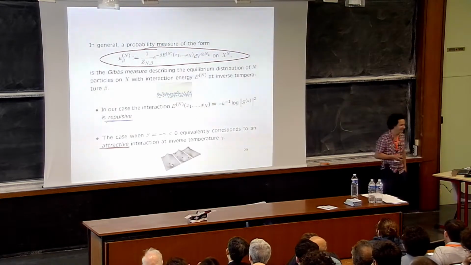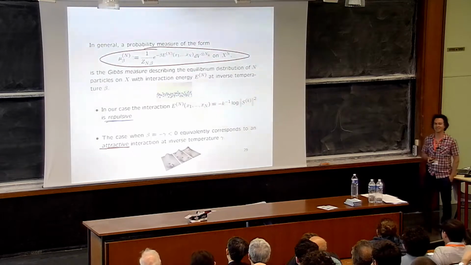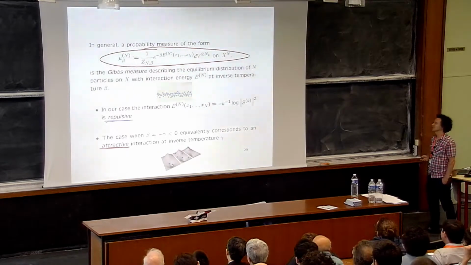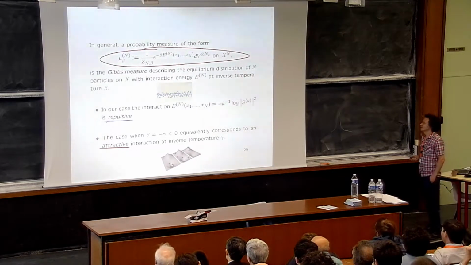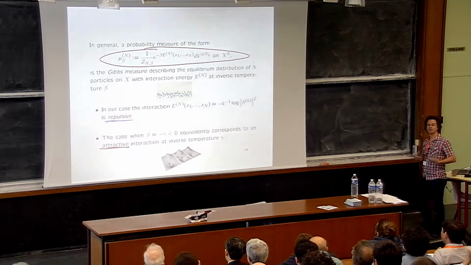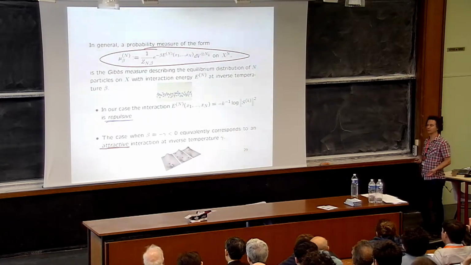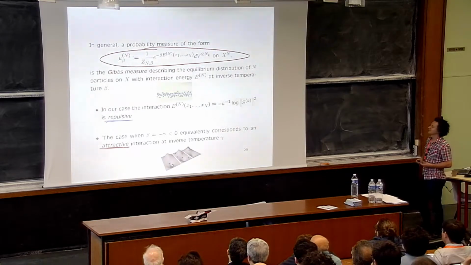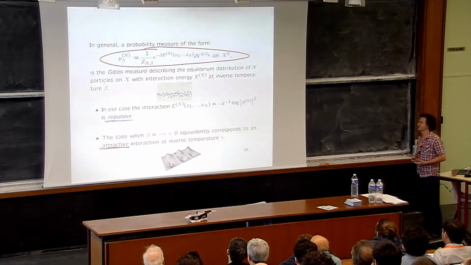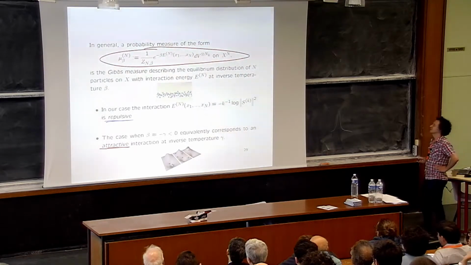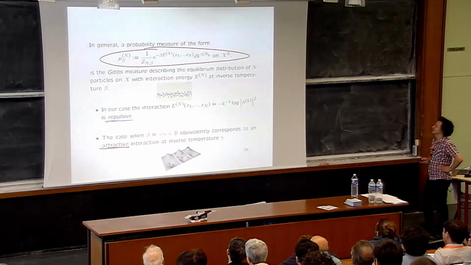I think Valentino asked for the meaning of it. It's the same beta, and this is why it appears as an inverse temperature. In our case, this interaction is really a virtual energy. For the moment it has no physical meaning. It's just some virtual physical theory, but it's useful to think of it as an energy if we want this analogy.